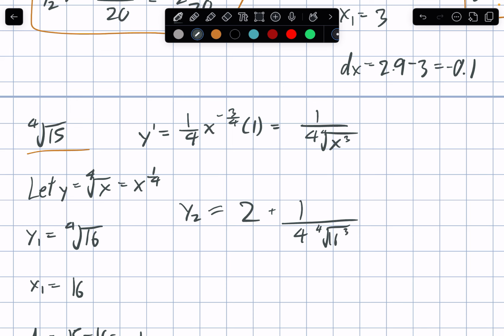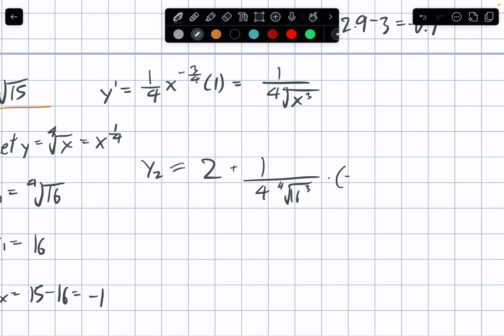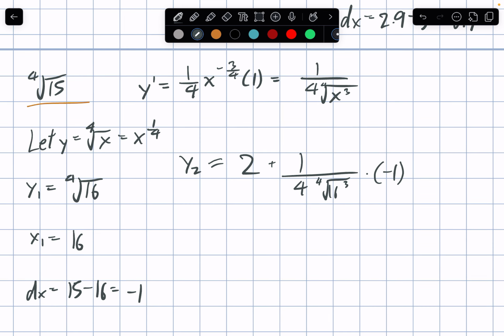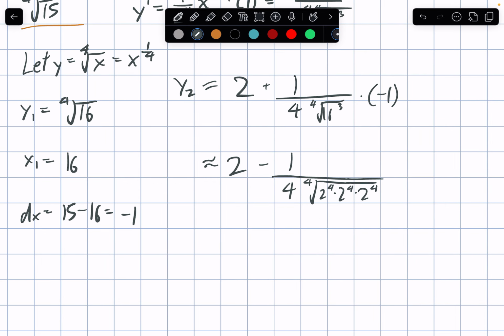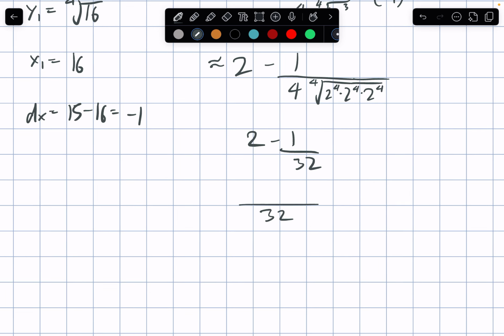Our x is 16 and then negative 1 for dx. 8 times 32, 2 minus 1 over 32. 64 minus 63 over 32. That's the answer.